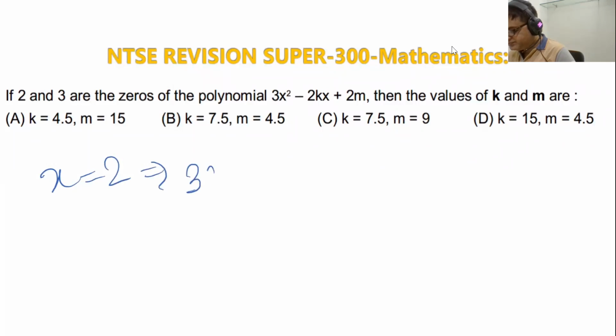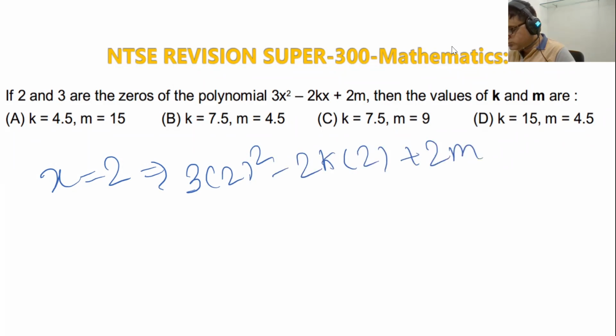Okay, so if I put x equal to 2, so 3 into 2 square minus 2k into 2 plus 2m will be equal to 0. So from here I will get 6 minus 2k plus m is equal to 0.